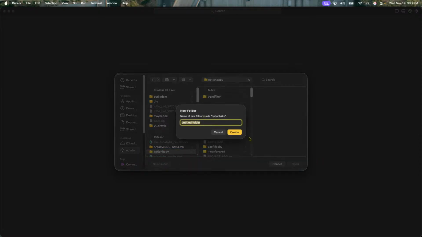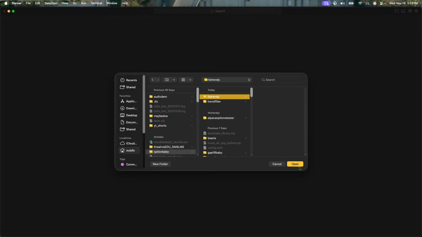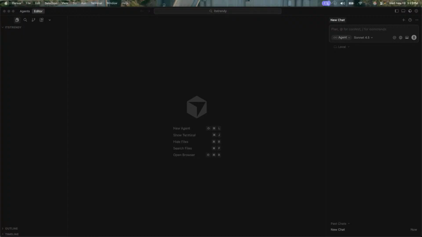So new folder. This one is going to be trendy. It's trendy. That's it. Now we're going to be using Claude Code within Cursor. Now the way we're going to be doing that is the following.